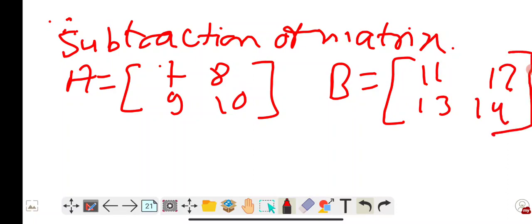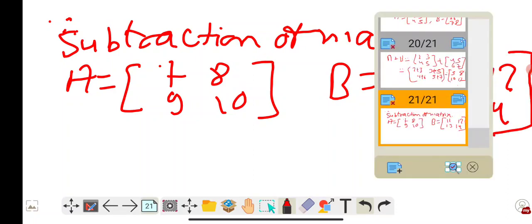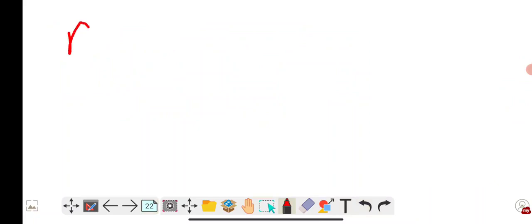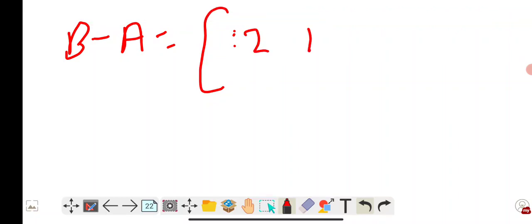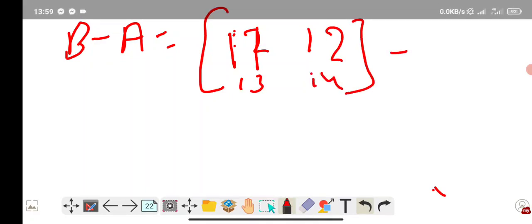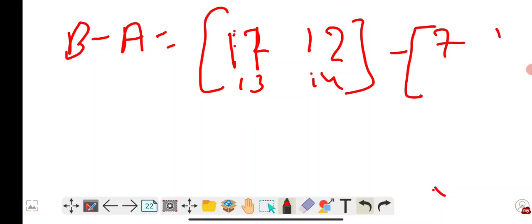And we can carry out subtraction of the two matrices, that is B minus A, that is 11, 12, 13, 14 minus 7, 8, 9, 10.